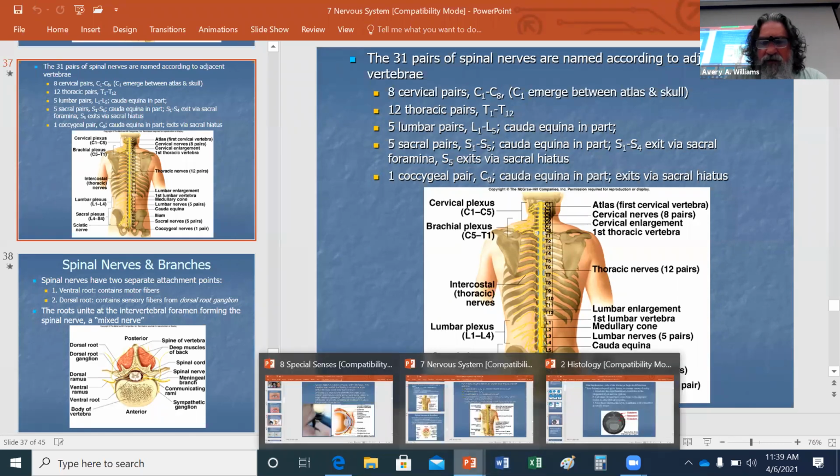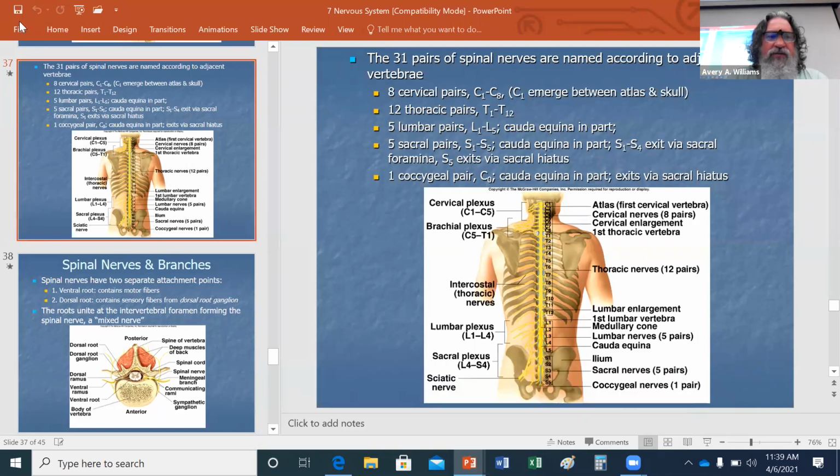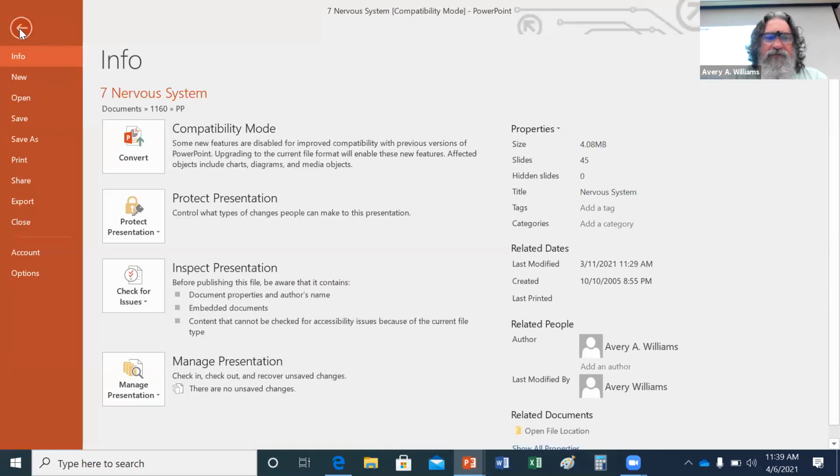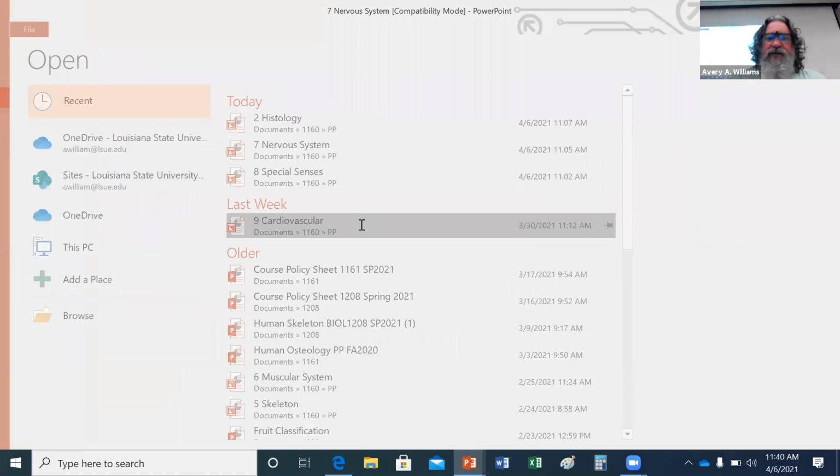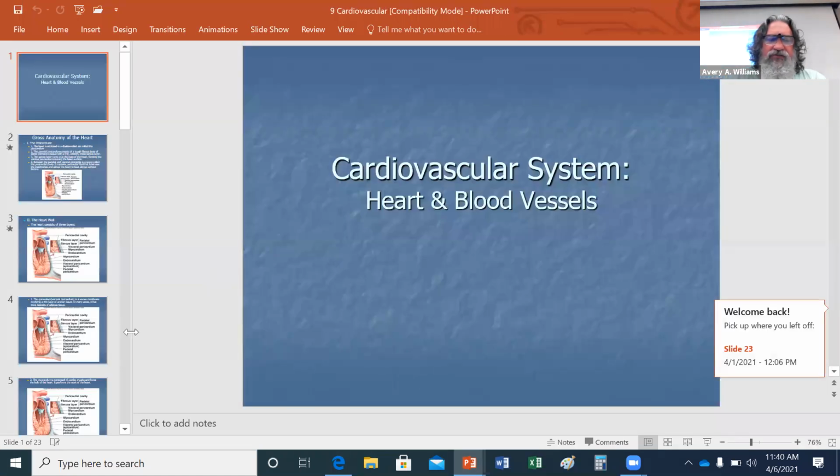Okay, she is asking about human systemic arteries. And so let me find, here it is. Cardiovascular stuff.